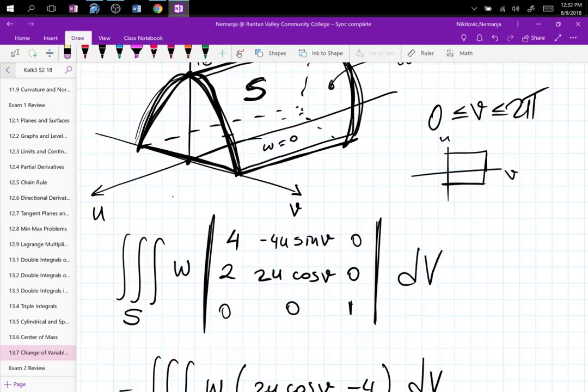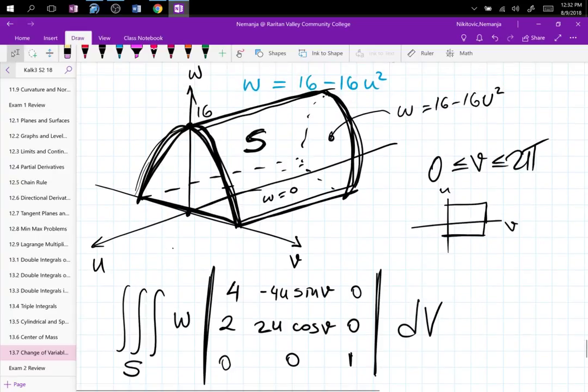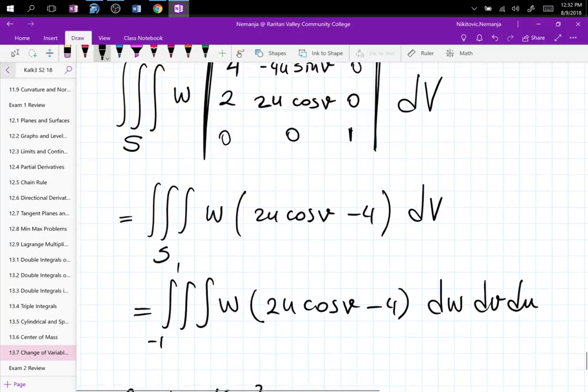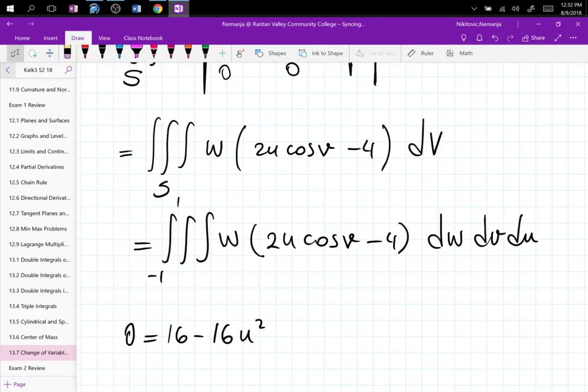Oh no, that's a v. Yeah, this is supposed to be u, right? And this is supposed to be v. Kill me now. All right, but that's okay. We fixed it that way. Not the ideal way to fix it, but we fixed it. So we have 16u squared is equal to 16, u equals plus minus 1. So that's why the limits on u are plus minus 1.